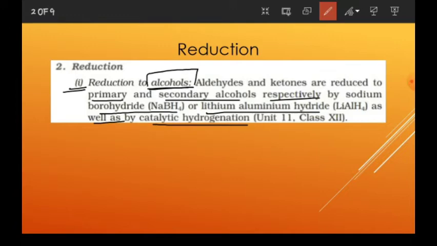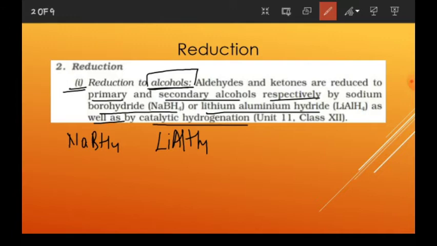Three reagents are mentioned here. First is NaBH4, then next is LiAlH4, and the last thing that is mentioned is catalytic hydrogenation.